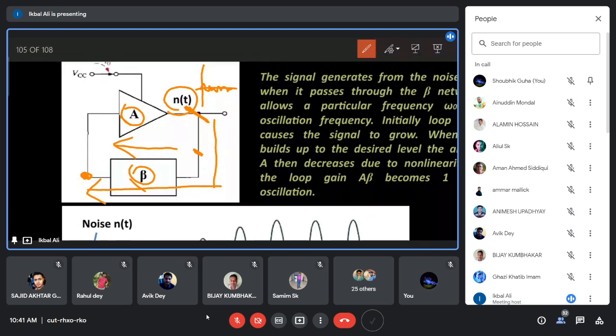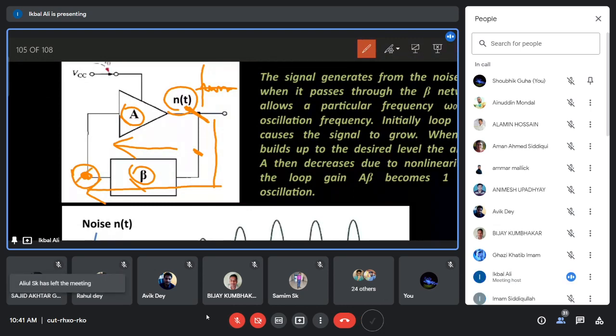So now you are getting a very small, microvolt order signal here. The initial noise is N of t, and the output of the beta network is less than that N of t, but it has only a single frequency.